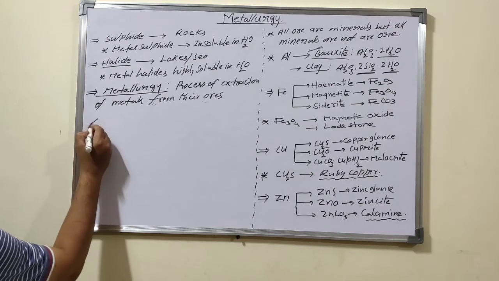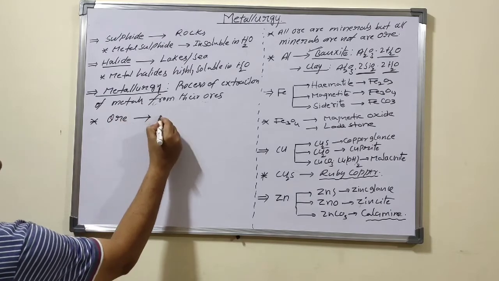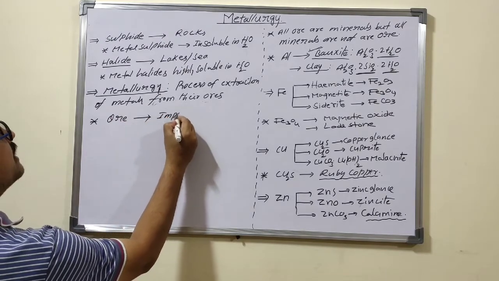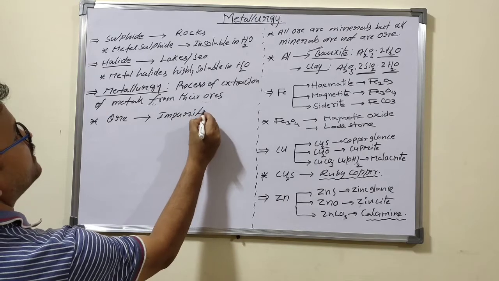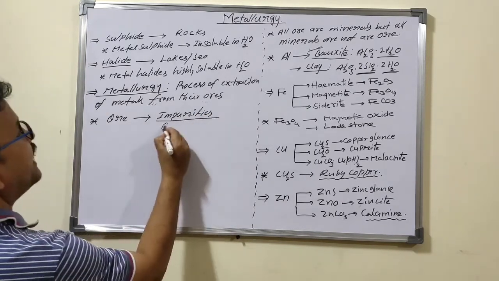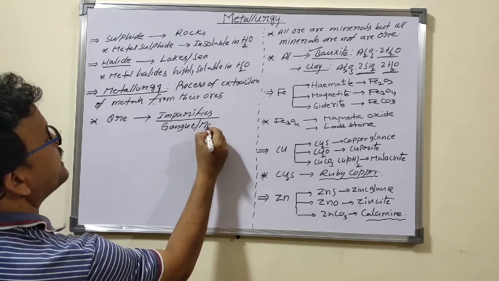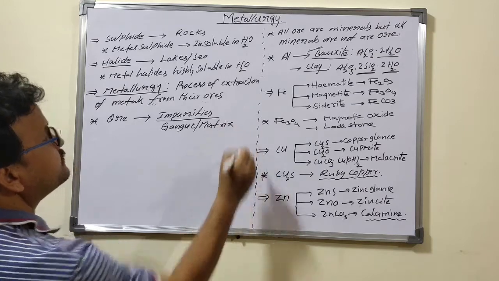In any ore, along with the metal, some impurities are present. These impurities we call gangue or matrix.